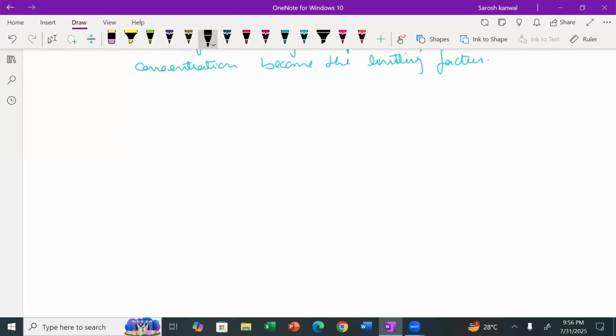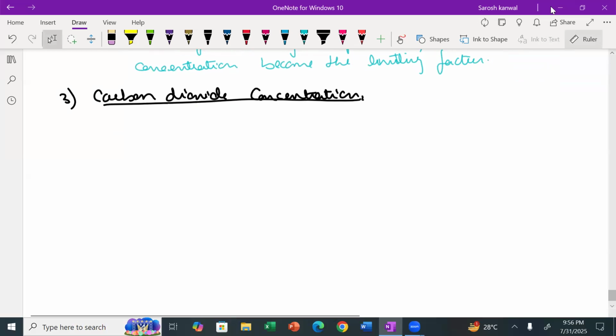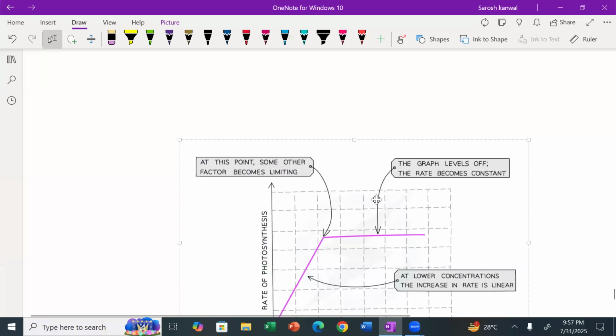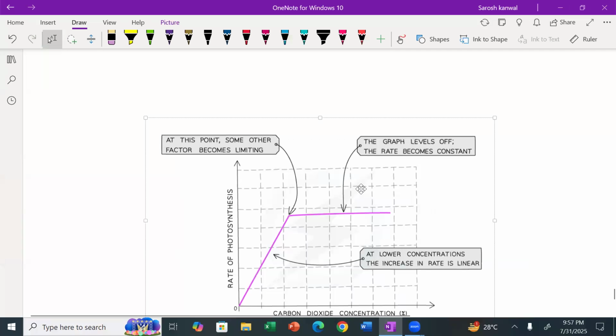Now we can have a look at the third limiting factor, that is carbon dioxide concentration. Now see what happens in this case again.